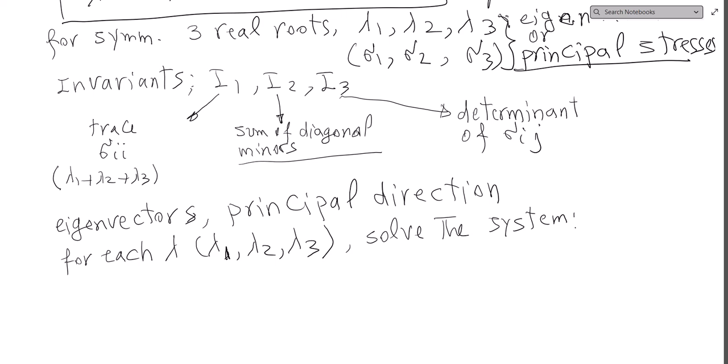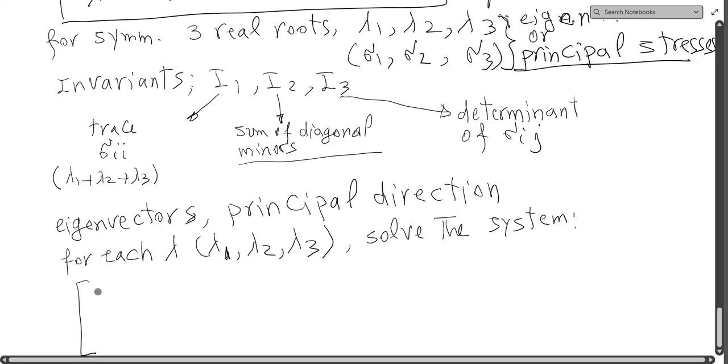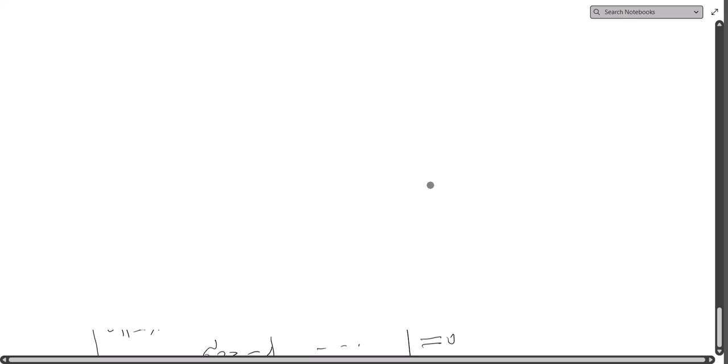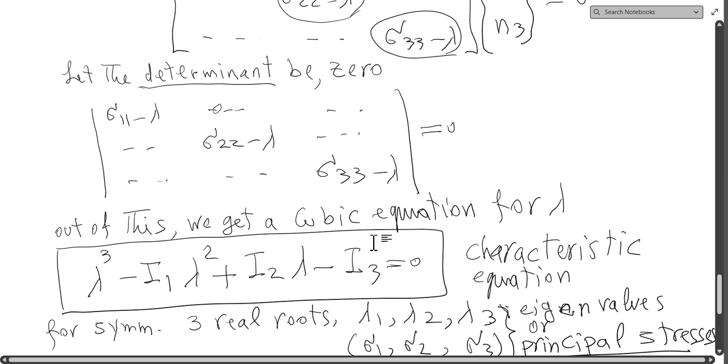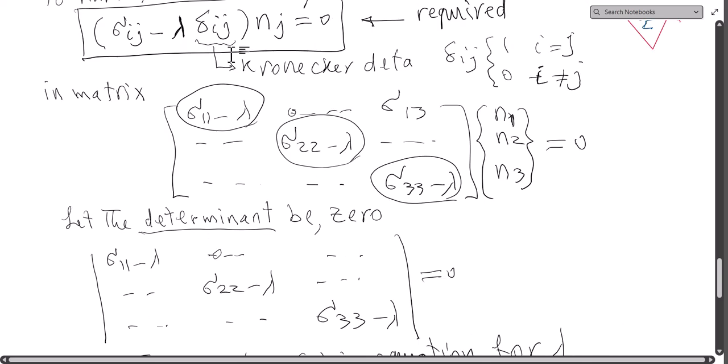Meaning that you come here and then you say, okay, let's say for lambda 1, I have, this is the main equation that we are focusing on, this is the equation that I'm talking about, this system.